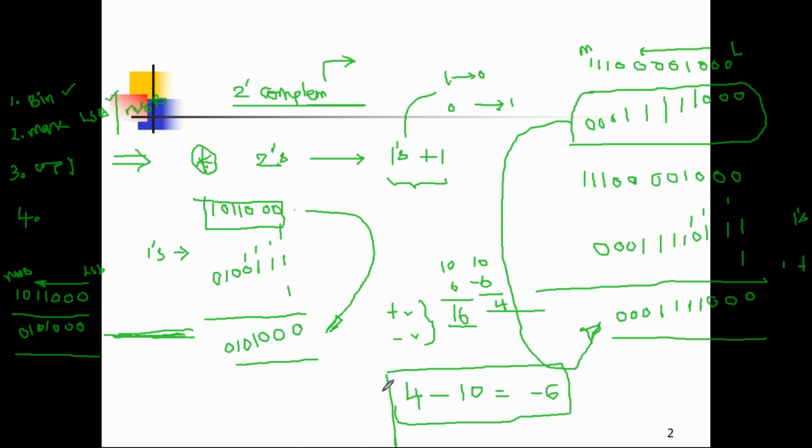So in that situation, instead of doing this subtraction, we can get the answer by adding the two numbers. How? Take the first number as it is, and for the second number, which is the larger number or a negative number, take the one's complement or two's complement, and then add both.